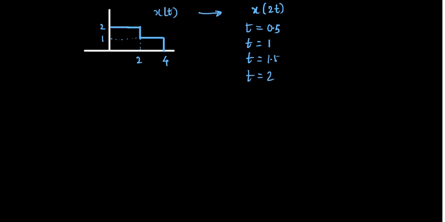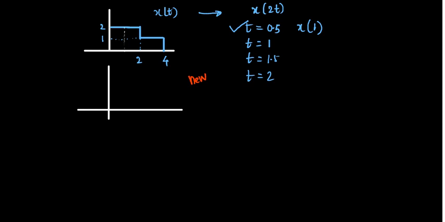Now at t equal to 0.5, the new signal is the same thing but scaled by some factor. So x of 2t, how much is it? X of 1. That means the new signal at t equal to 0.5 will be x of 1. What is x of 1? In the original signal, where is 1?